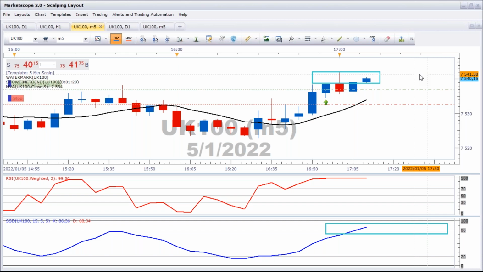Okay, another 1 minute 20. They're still battling, right, with that layer of sellers right there.